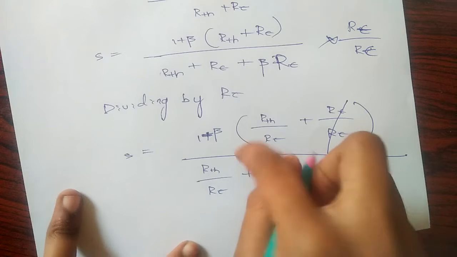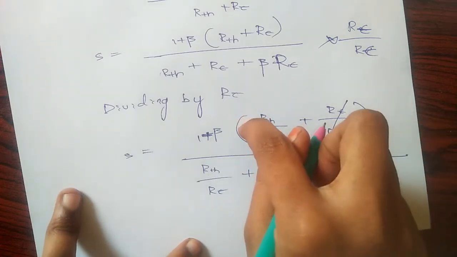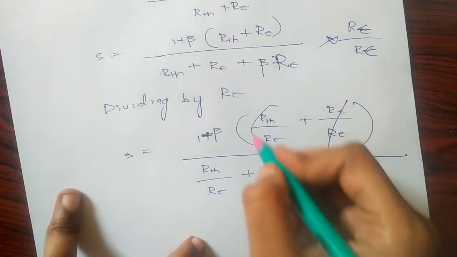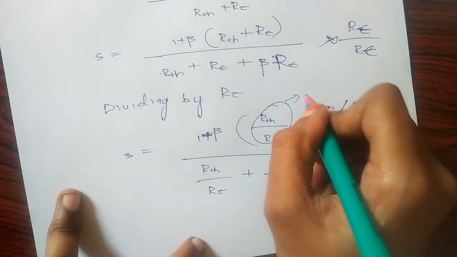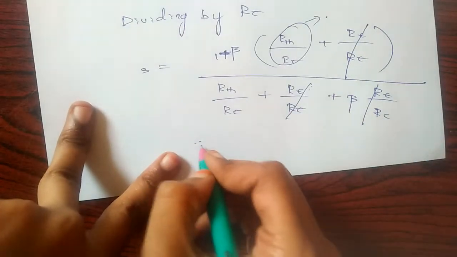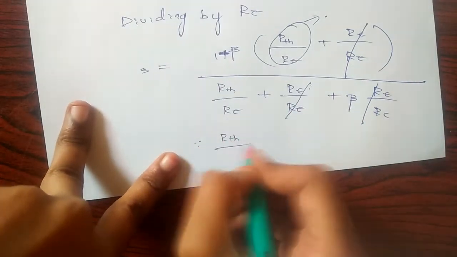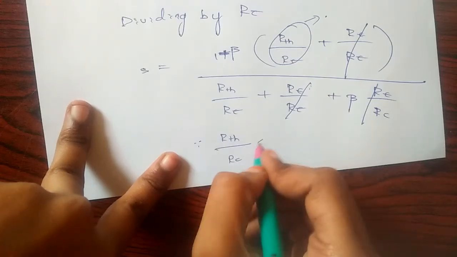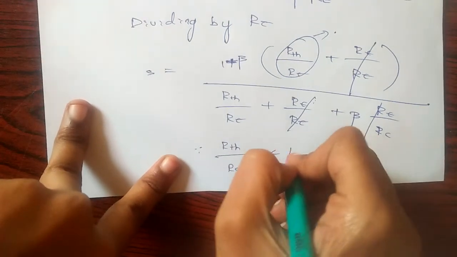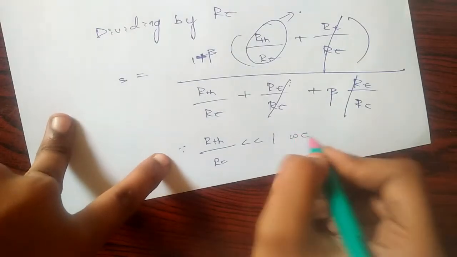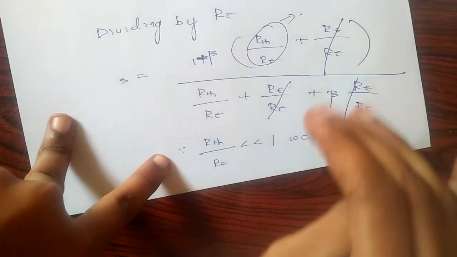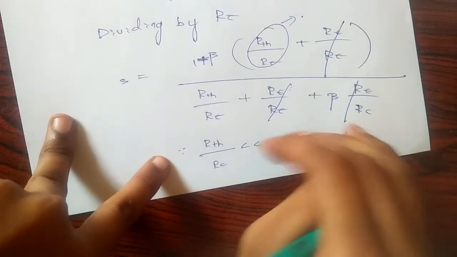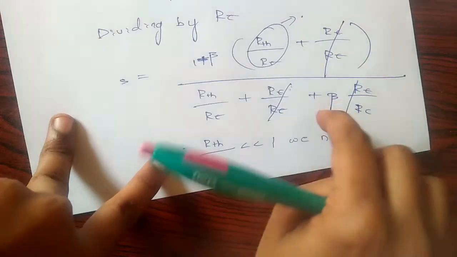If you consider RTH to be very small, then it can be neglected, since RTH by RE is very much less than 1. But the term is not 0; it is very low, so we are neglecting it.